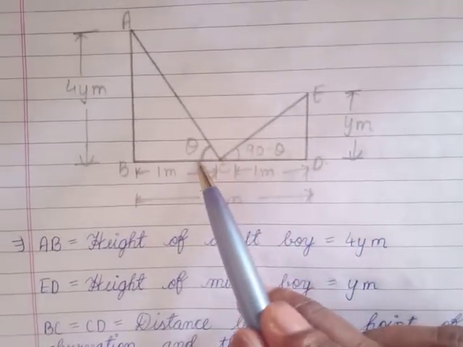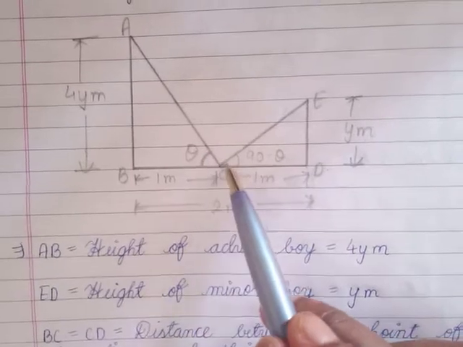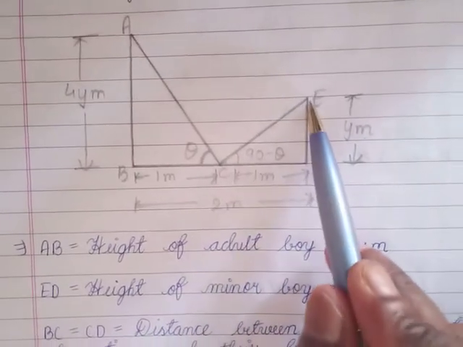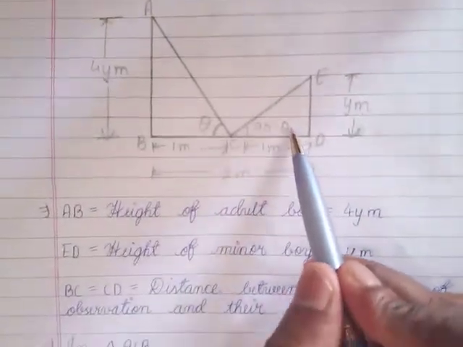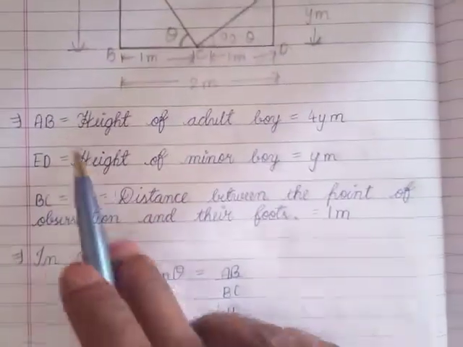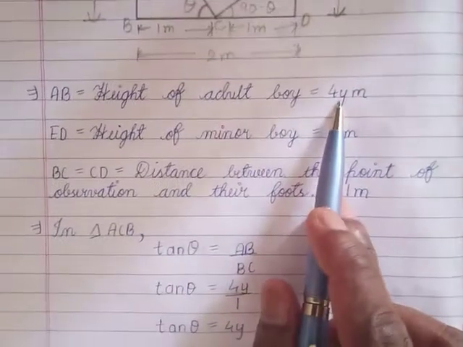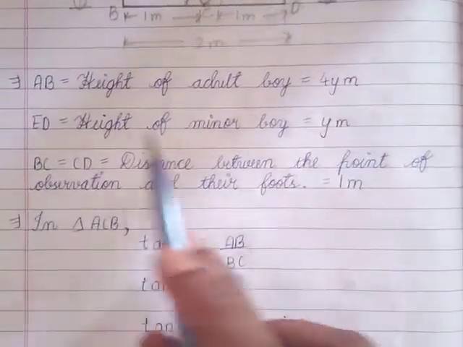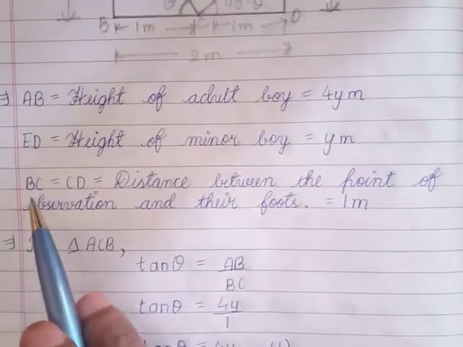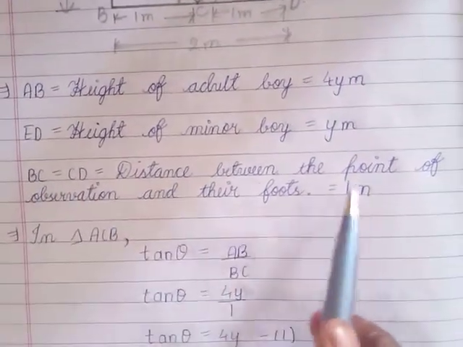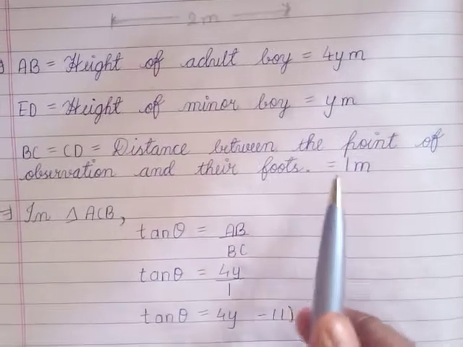So if the adult makes an angle of theta, the boy will make the complementary angle, 90 minus theta. Here AB, the height of the adult, is 4y. ED, the height of the minor boy, is y meter. BC is equal to CD, the distance between the point of observation and their feet, is 1 meter.